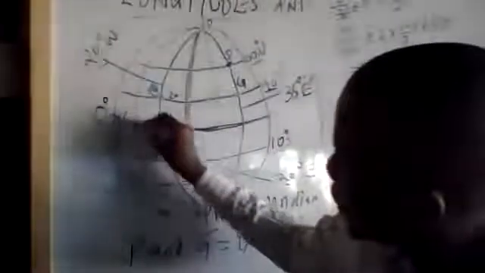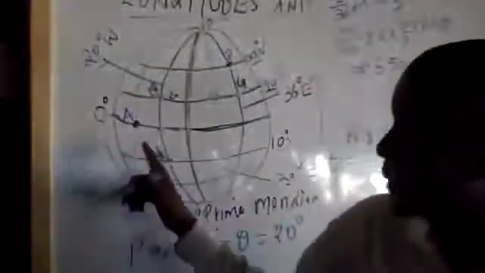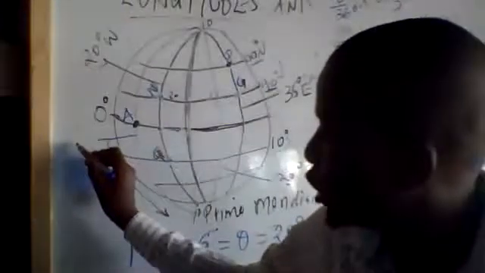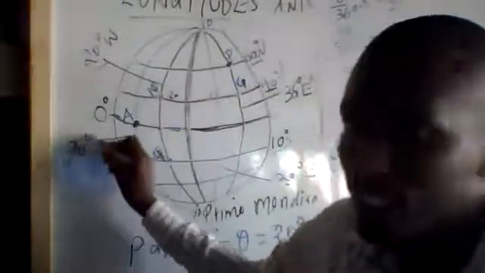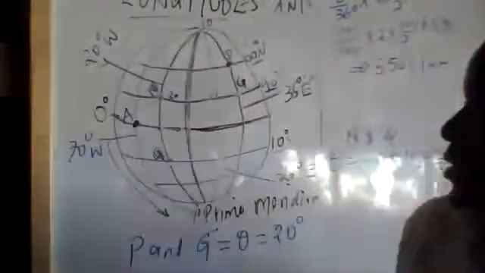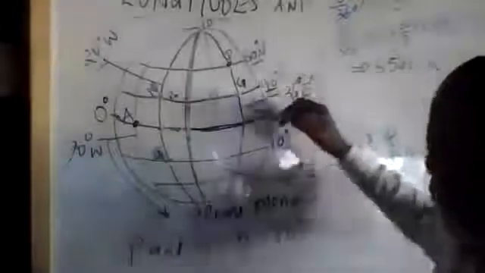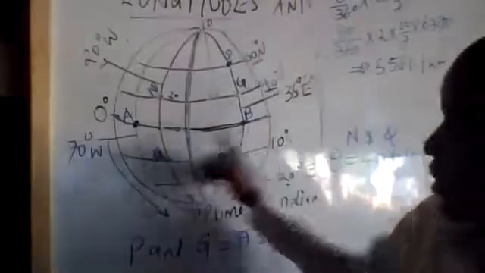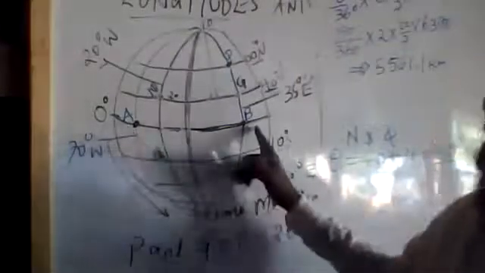Let me call it point A. Let me call this particular line 70 degrees towards the west. Another line is found at this particular point. I want these two points, that is A and B. We have A here, we have B there.